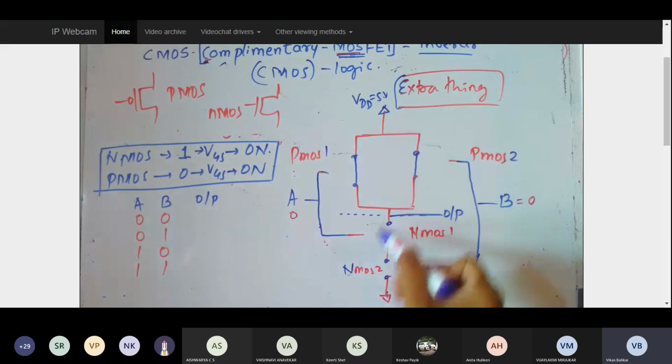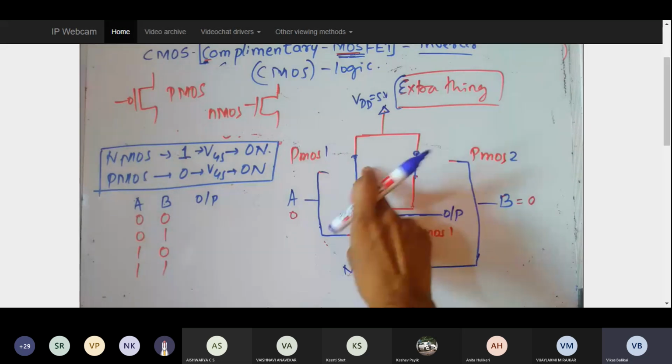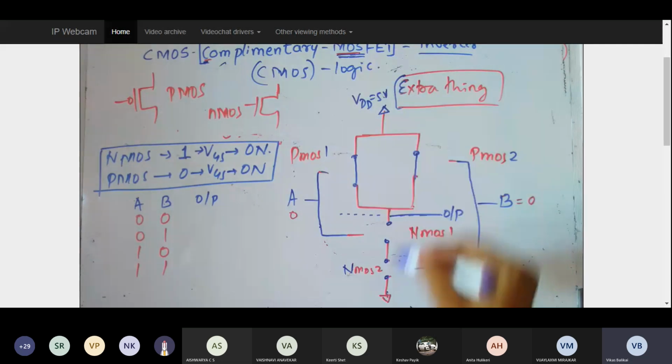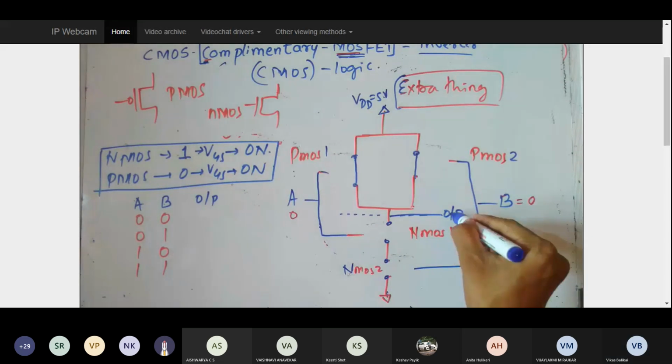Whichever wire has the least resistance, through that wire I'm going to get the output. But nevertheless, there are two paths, two roads to ensure the current flows. The current flows either from this or this, but totally the current flows. So what will be my output voltage?